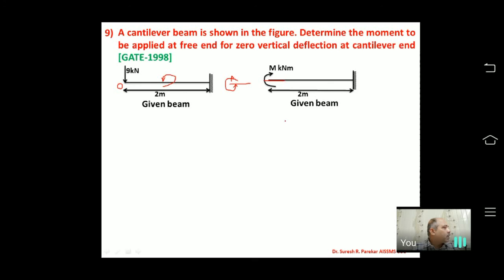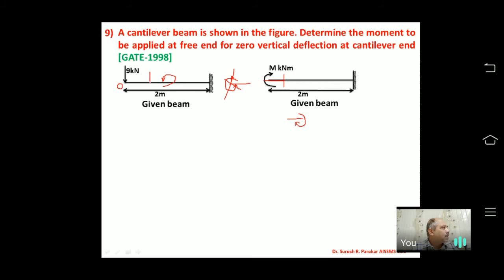And when I draw the bending moment diagram somewhere in between, I will get this bending moment diagram in this fashion. If I take a section somewhere here and plot clockwise, it will take the beam in upward direction.